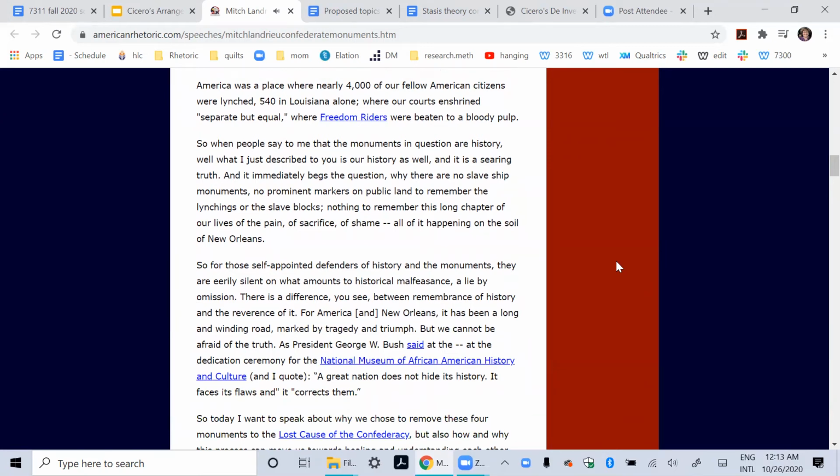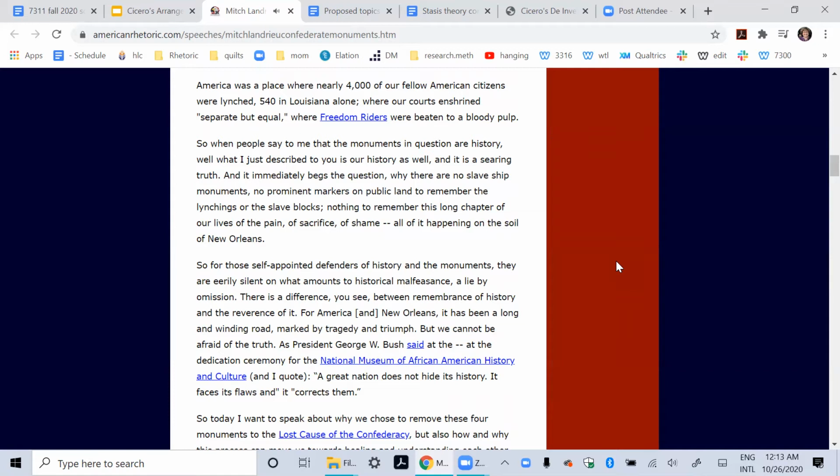So for those self-appointed defenders of history and the monuments, they are eerily silent on what amounts to historical malfeasance, a lie by omission. There is a difference, you see, between remembrance of history and the reverence of it.